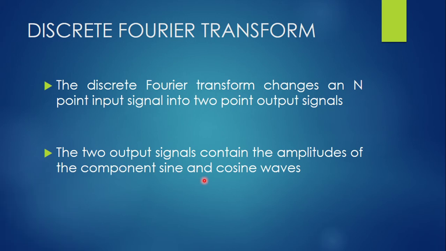As I have explained earlier, the Fourier analysis changes a signal into sine waves and cosine waves. So DFT will change that signal into the sine and cosine waves. Their amplitudes will be the DFT of that signal.